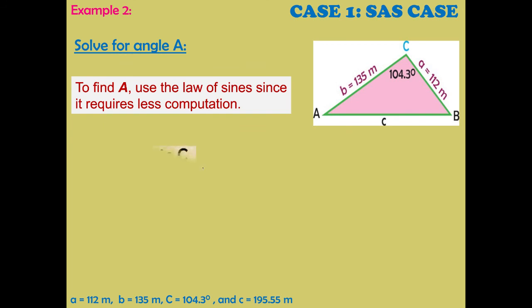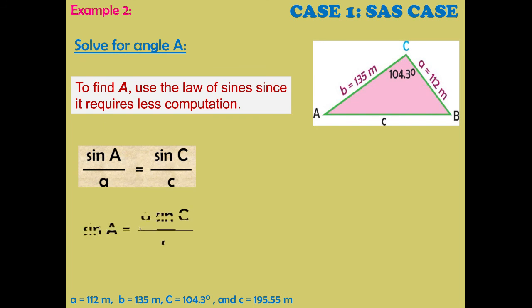Under the law of sines, the formula is sine A over A equals sine C over C. Why this formula? Because you're given side A, so check. You're given angle C, so check. And we now also have the value for side C. So the only unknown here is angle A.